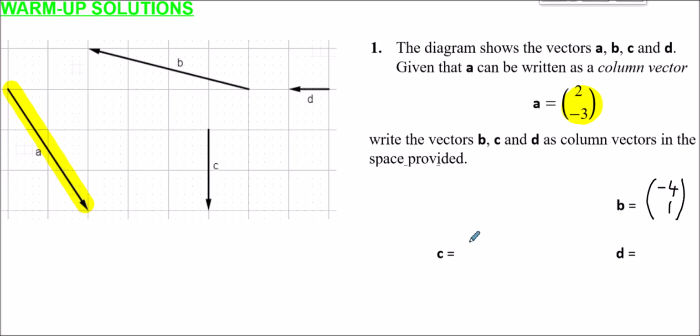For c, the top number is 0, because we're not going left or right. The only thing we're doing for c is going 2 units straight down. So it's (0, minus 2). And for d, we're going 1 unit to the left, so it's minus 1, and because we're not going up or down, there's no vertical movement, the bottom number is 0. And that's all we need to do for question 1.